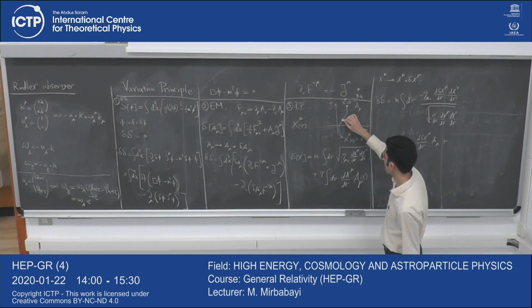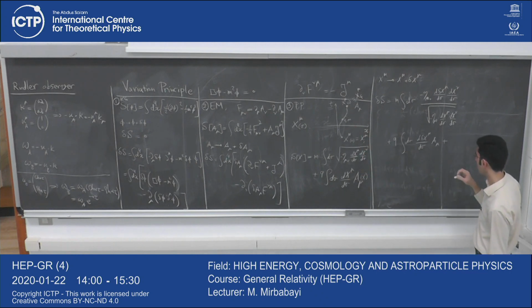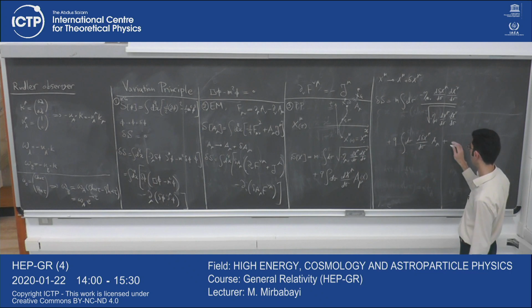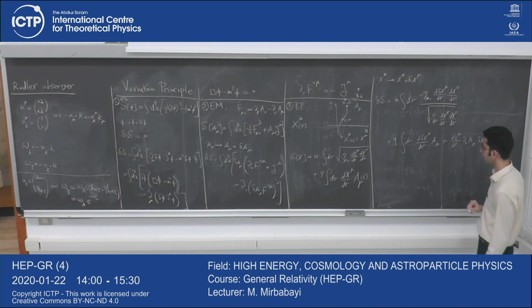So this is A_μ at the position along this world line. So the argument of A_μ depends on x^μ. So that gives me an additional term ∂_μ A_ν times δx^μ.